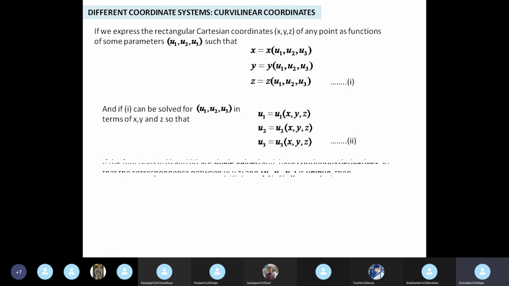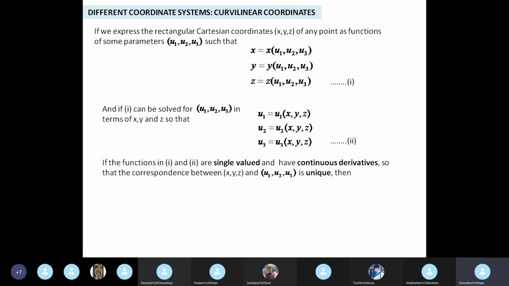Okay. Now, if this is possible, and if the functions x, y, z and u1, u2, u3 that we obtain from the set of equations 1 and the set of equations 2 are single valued, if they have continuous derivatives, so that the correspondence between the triad x, y, z and the triad u1, u2, u3 is unique. Okay.